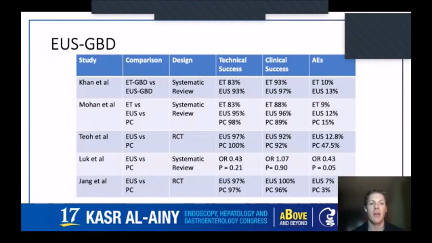The study by Teo et al. was a randomized controlled trial comparing EUS-guided gallbladder drainage versus percutaneous drainage. EUS-guided drainage achieved similar technical and clinical success, but one of the striking things of this study was demonstrating that EUS-guided gallbladder drainage resulted in fewer adverse events when patients were followed for a mean of 30 days, with EUS-guided therapy resulting in an adverse event rate of 12.8% and percutaneous drainage of 47.5%.